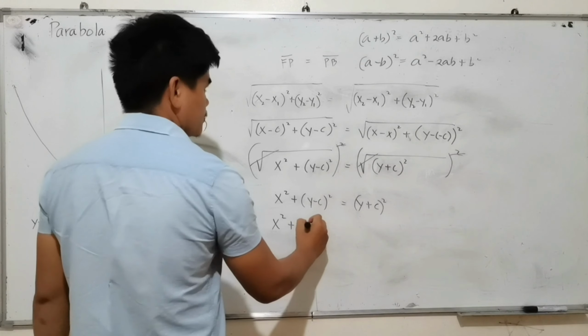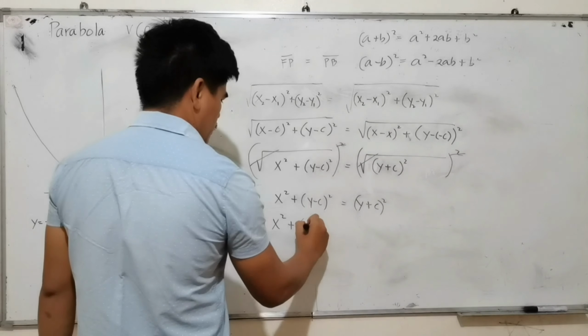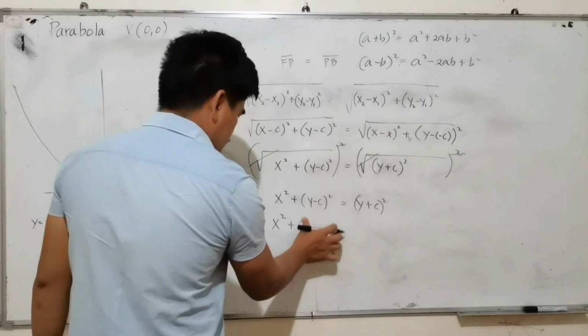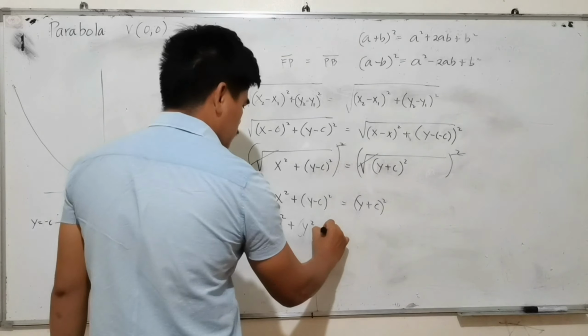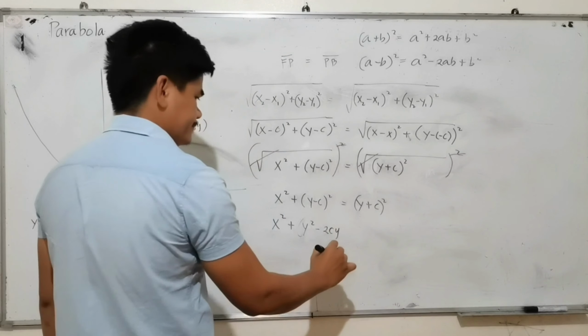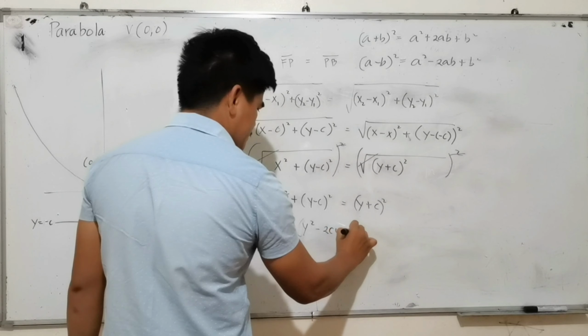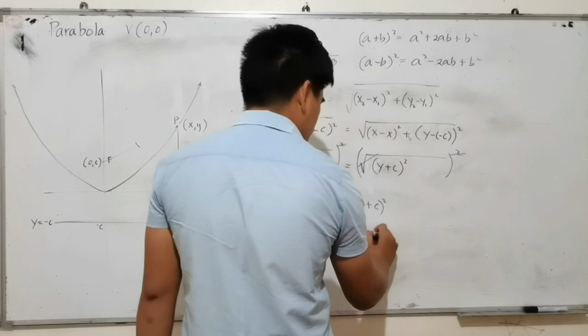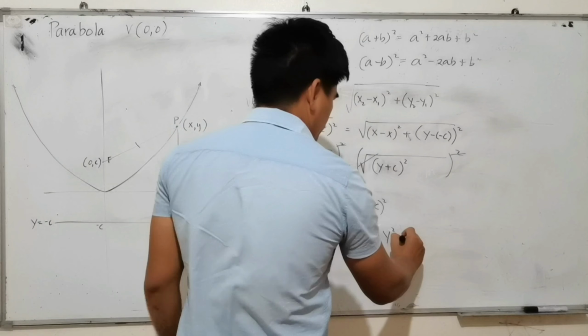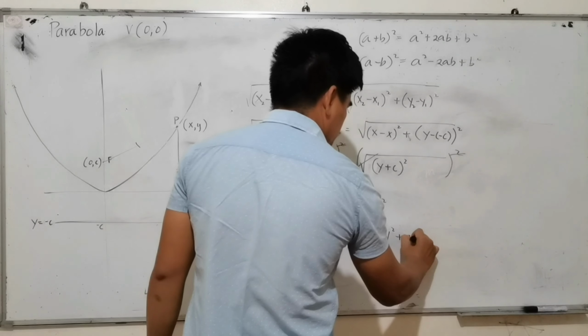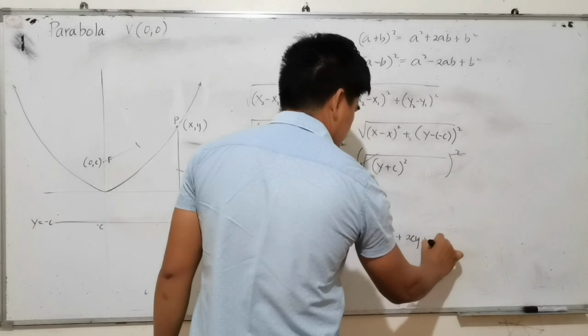So this becomes y squared minus 2cy plus c squared is equal to y squared plus 2cy plus c squared.